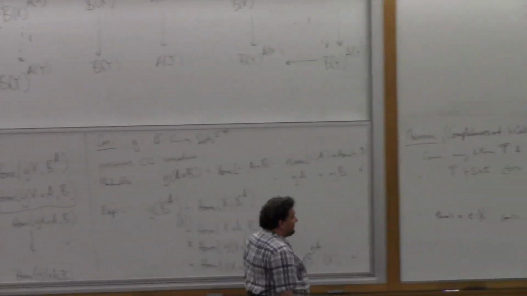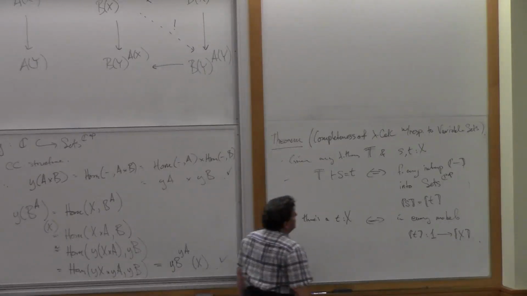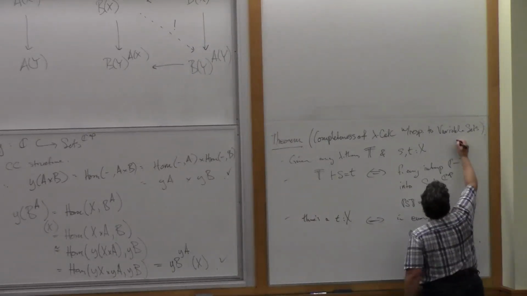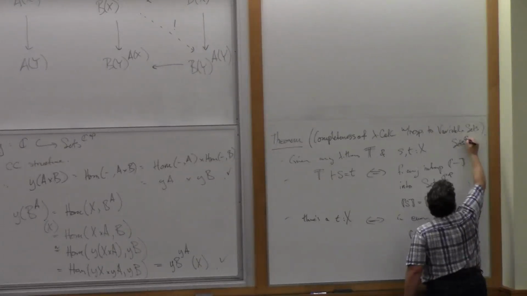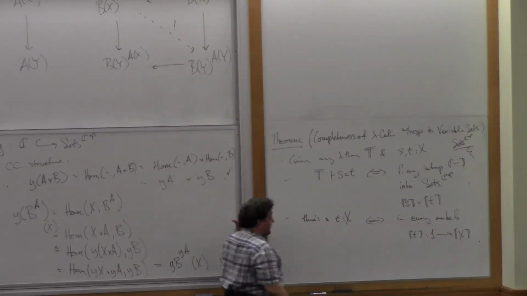It's completeness in terms of convertibility of the terms. And this follows now, so by variable sets I of course mean things of this special form. And that follows from this embedding theorem that we just proved.